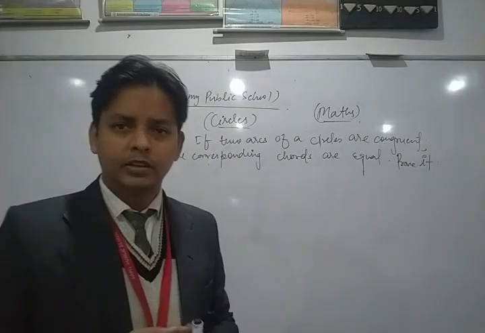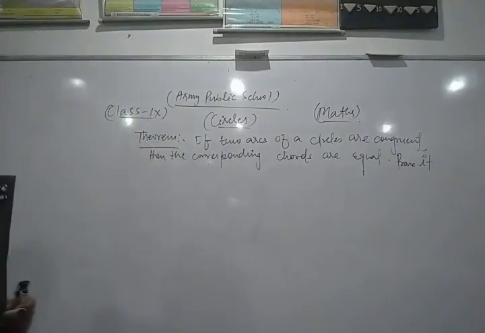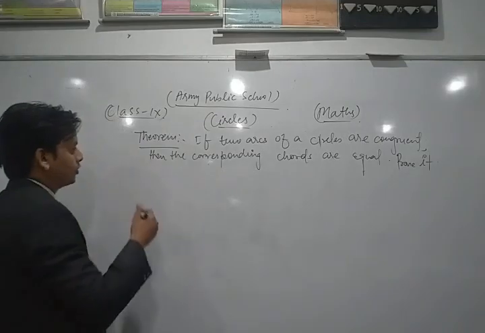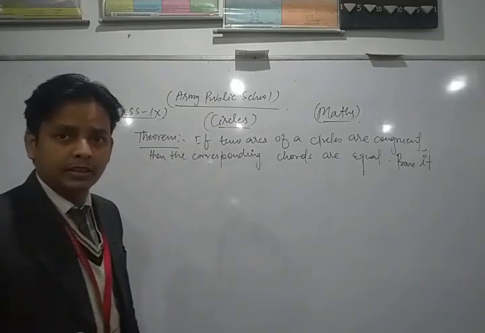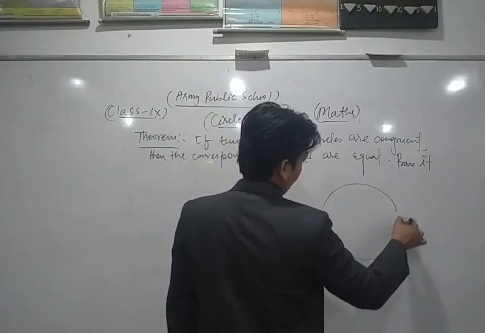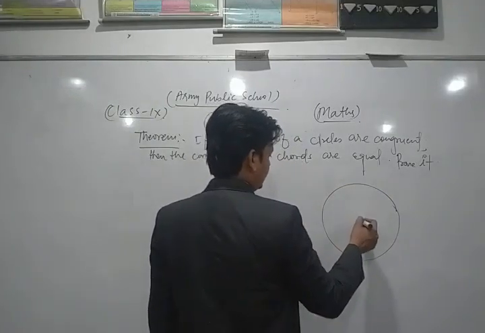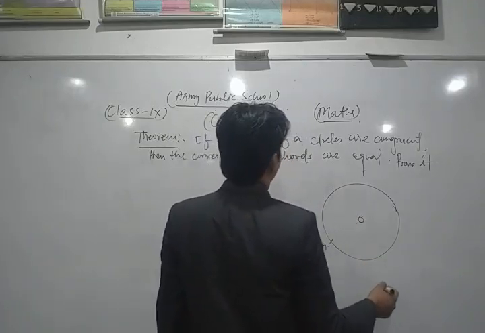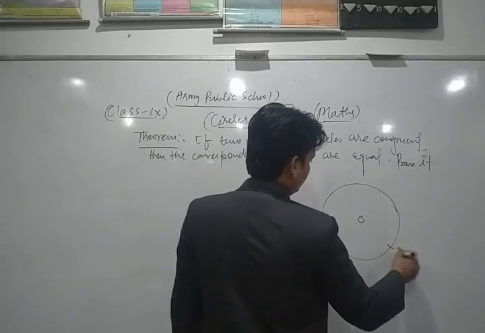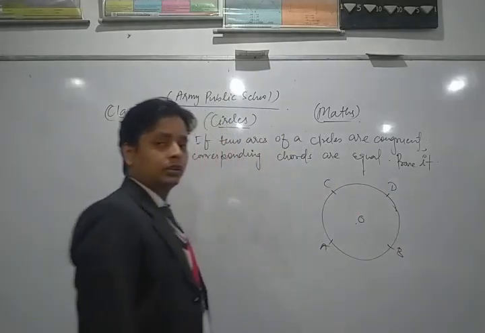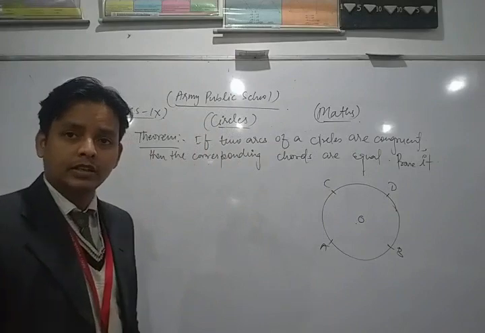Okay, now look. Dear students, first of all we form a circle. Suppose we take a circle with center O and radius R. Let us take two arcs AB and CD, and the arcs are congruent.